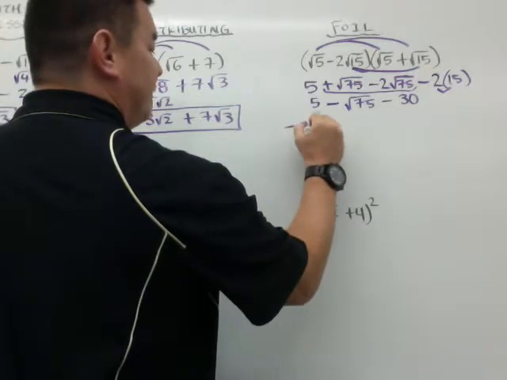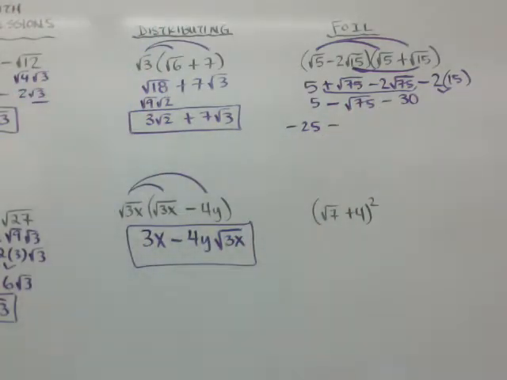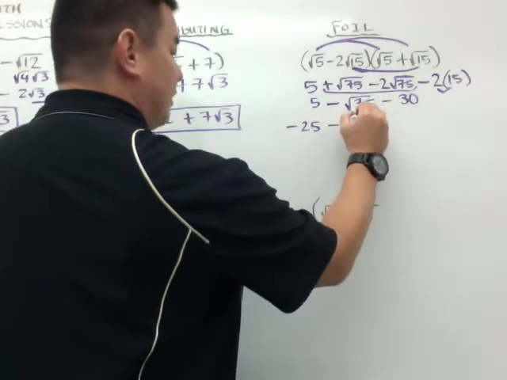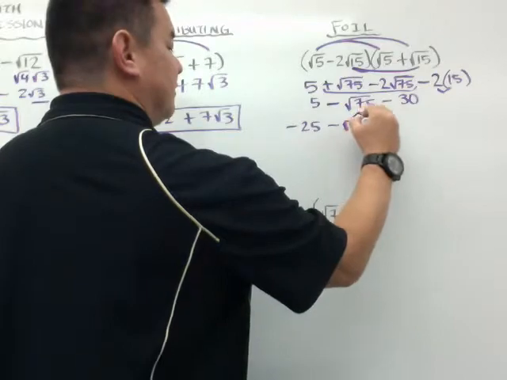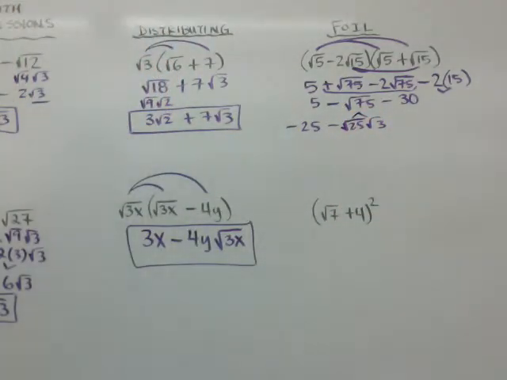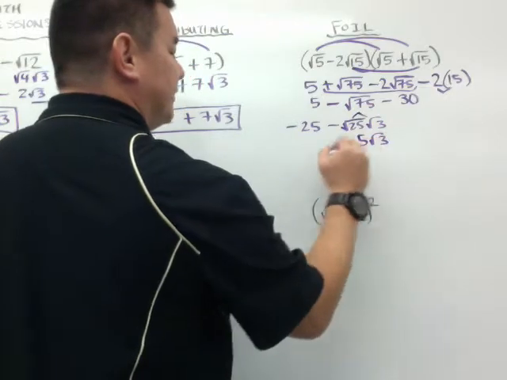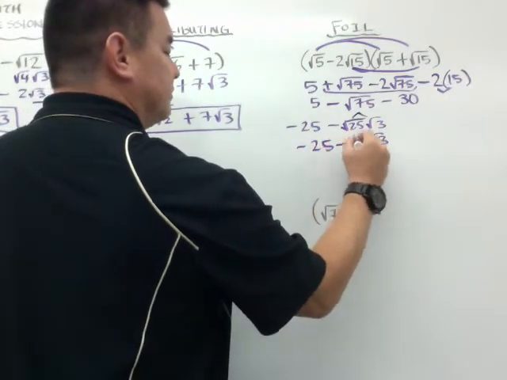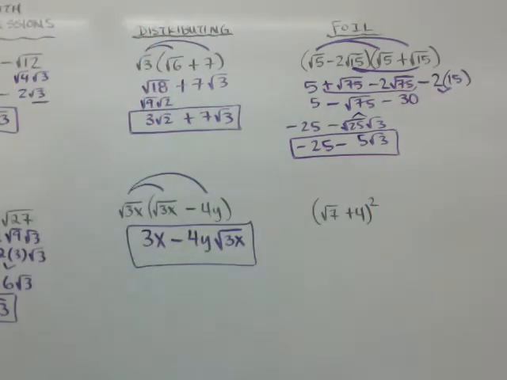So negative 25 minus, and the 75 I can break down to 25 times 3, radical 25 times radical 3. And radical 25 just becomes 5 radical 3. So I can drop this down, and there is my answer: negative 25 minus 5 radical 3.